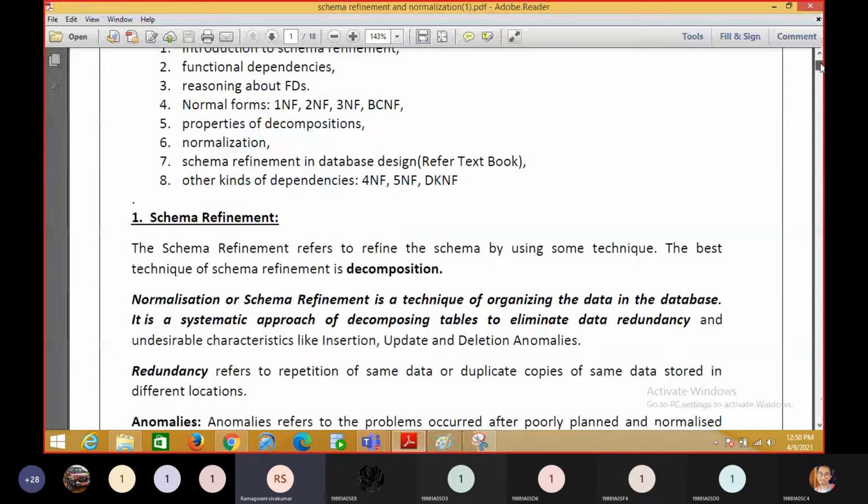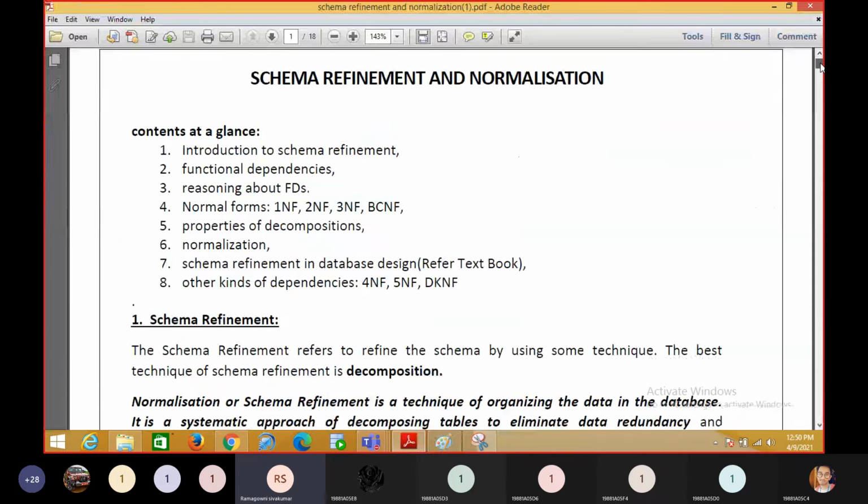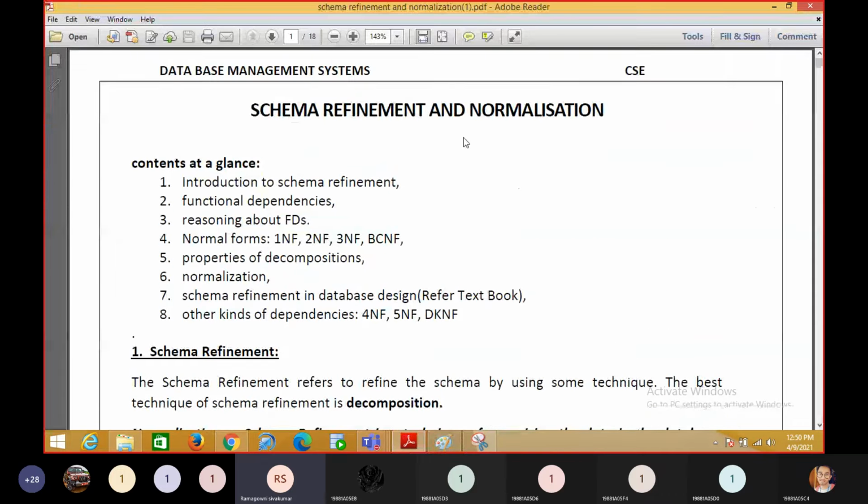See, here is some theory we are going to discuss today. This is the third unit: schema refinement and normalization. How can you refine the schema? By using normalization.